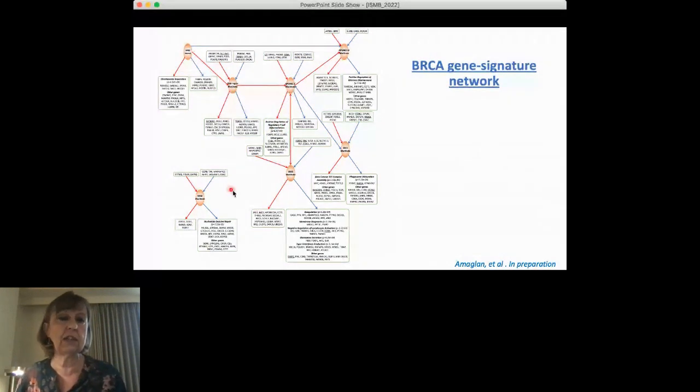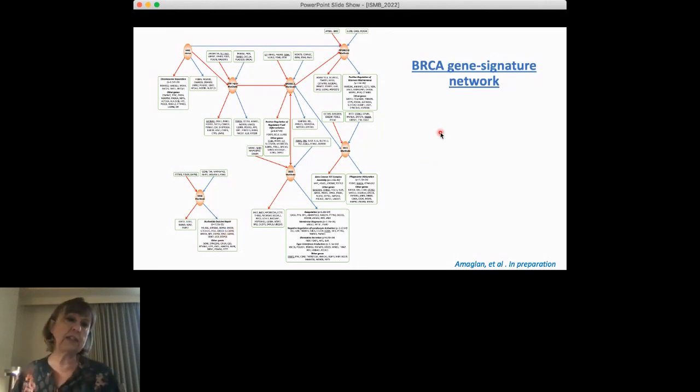And the cryptic signature 8, which was not clear what it's associated with, is now being suggested to be associated also with nerve pathway, and there are some experimental evidence that indeed might be the case.